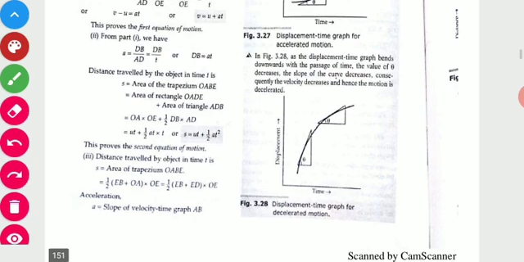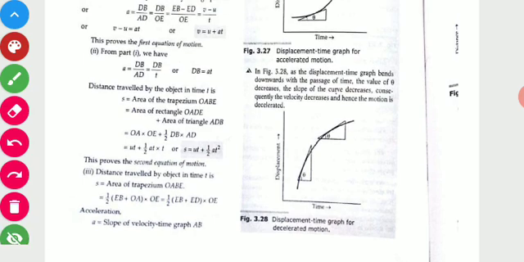Third equation of motion. In this we calculate the area of the trapezium by our conventional formula, that is 1/2 the sum of parallel sides into height. EB plus OA is the sum of parallel sides and OE is the height. Now we will put in the values.